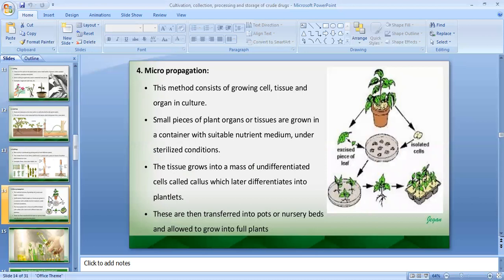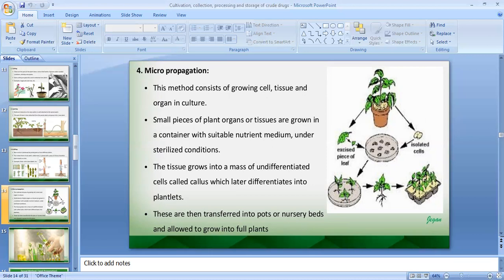We have finished the grafting method and we will start micropropagation. What are micropropagation methods? These methods consist of growing cells, tissues and organs in culture. A small piece of plant organ or tissue is grown in a container with a suitable nutrient medium under sterilized conditions.